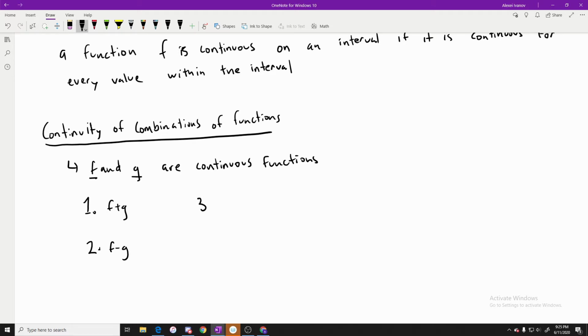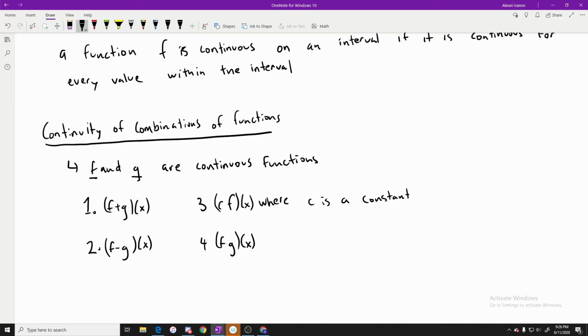3 is, let's say, cf, where c is a constant. And 4 is f times g, so the multiplication of two functions. Now, I'm not putting the x at the end of it, but maybe I should for visual purposes, but essentially it's all the same.